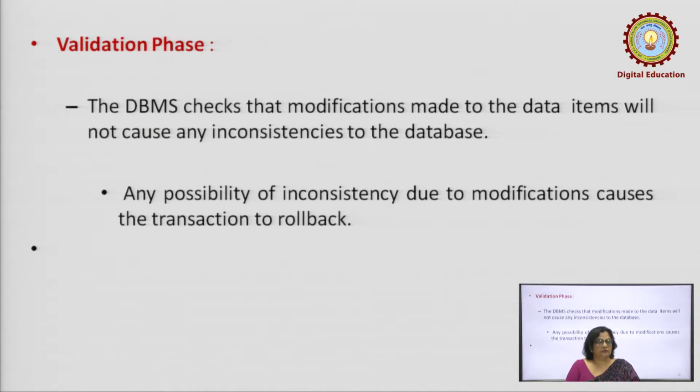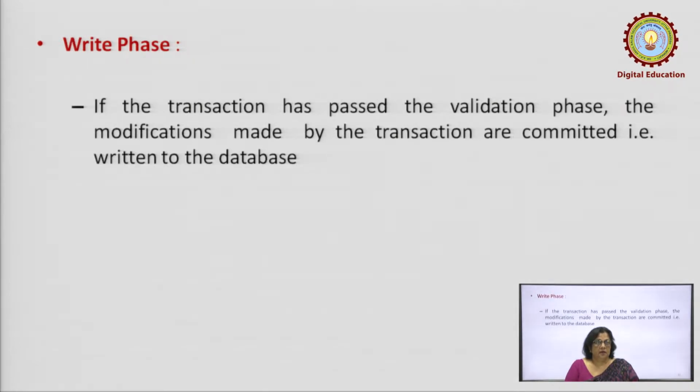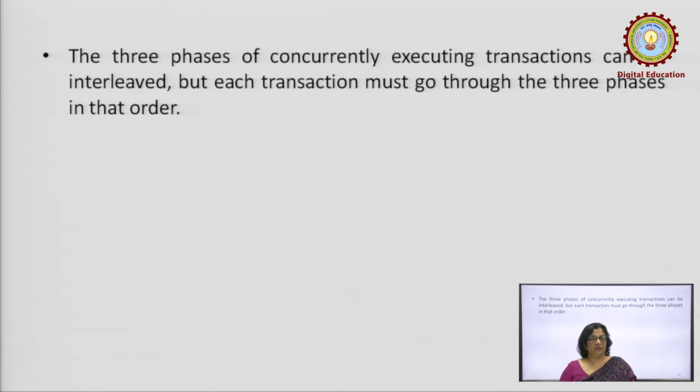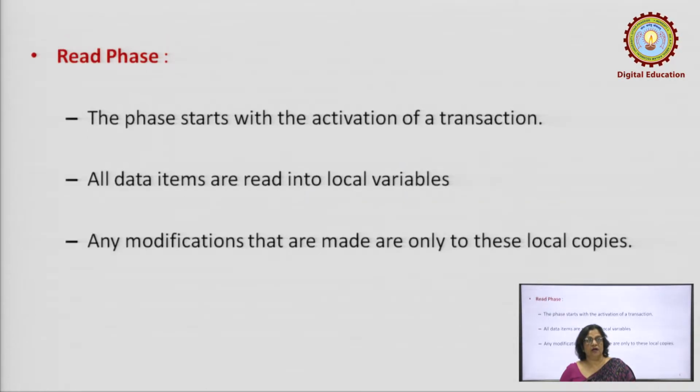Any possibility of inconsistency due to modification will cause the transaction to roll back. If the transaction passes the validation phase, then the modifications made by the transaction are written to the database and the transaction is committed. These three phases of the concurrently executing transactions can be interleaved, but for each transaction, all the three phases must be executed in the order of read, validate, and write.